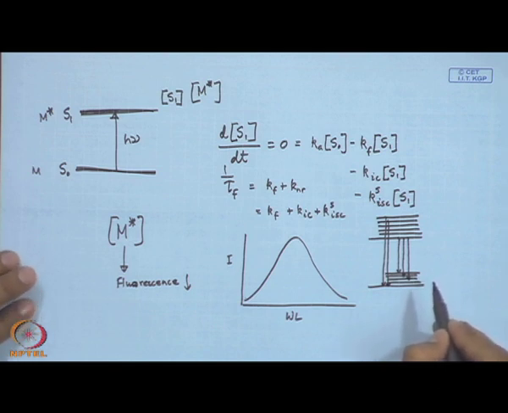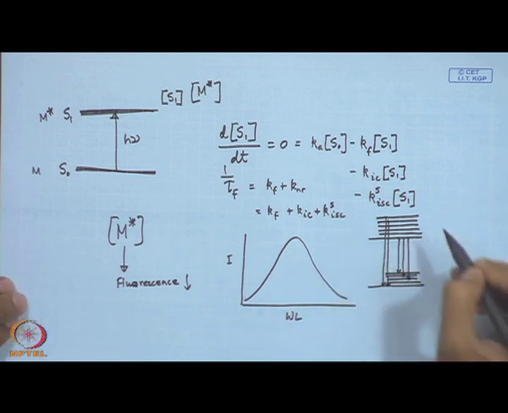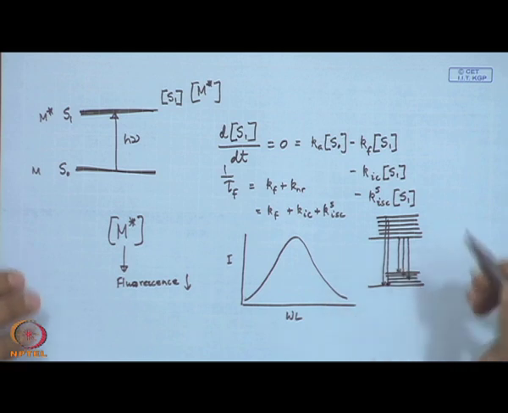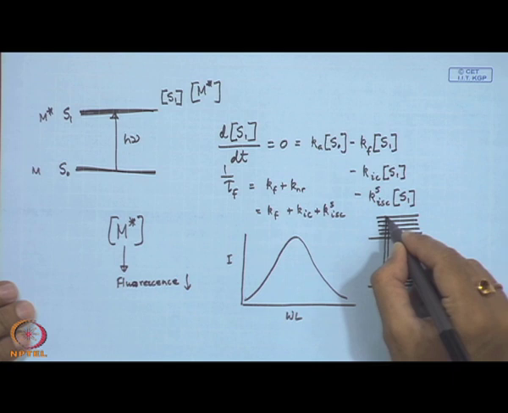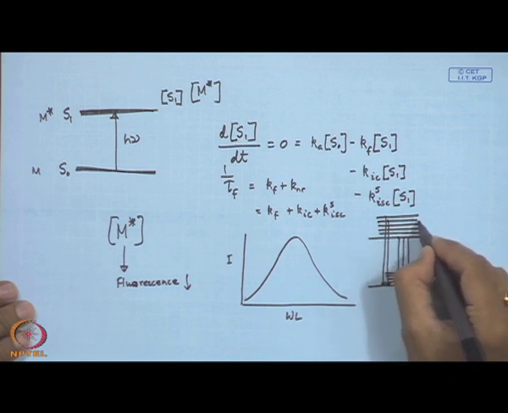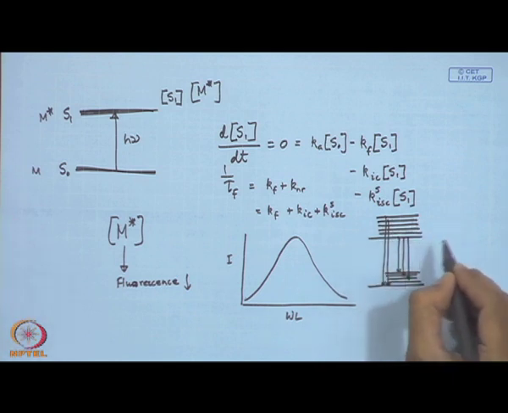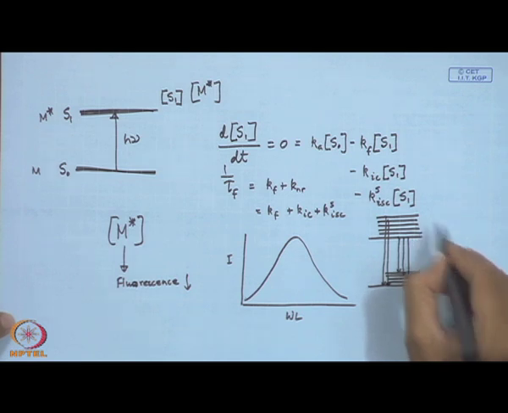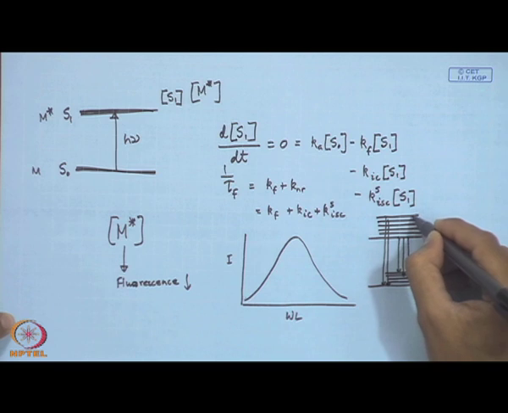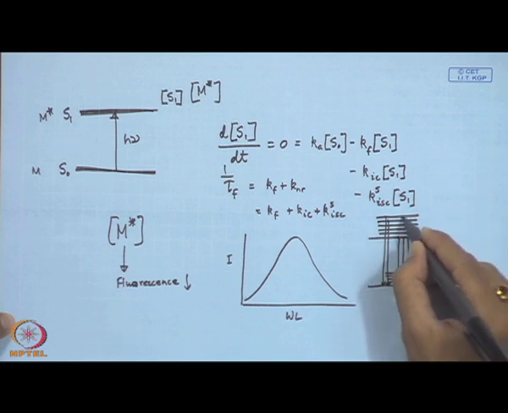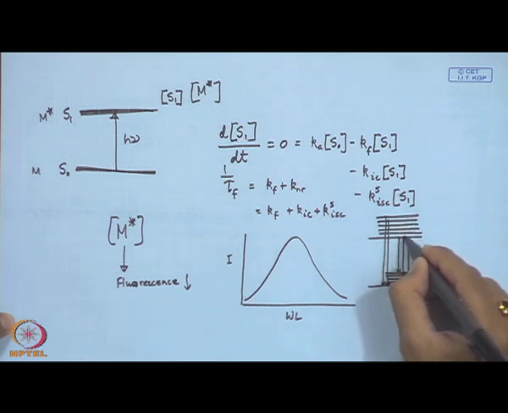Now, when you cool the system down to a lower temperature, all these local motions, meaning vibrational motions, are frozen. These small motions are frozen, meaning the excited species become vibrationally de-excited, and emission originates from here only.